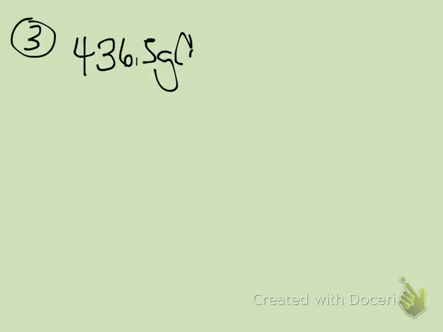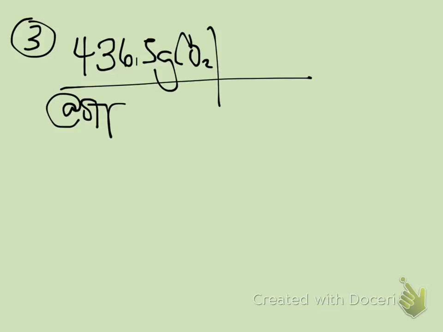Okay, and the final one, what's the volume of 436.5 grams of CO2 produced at STP? So our given now is in mass, 436.5 grams CO2, and we are told that this is, of course, at STP. All of these are. So we have to go do a molar conversion first.